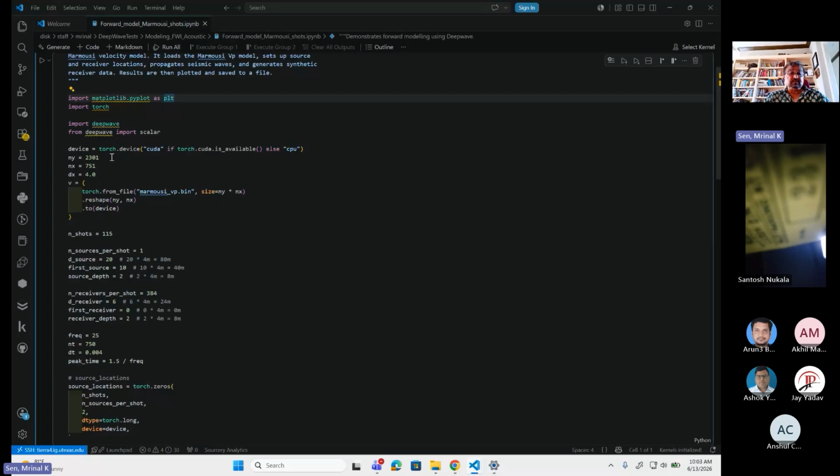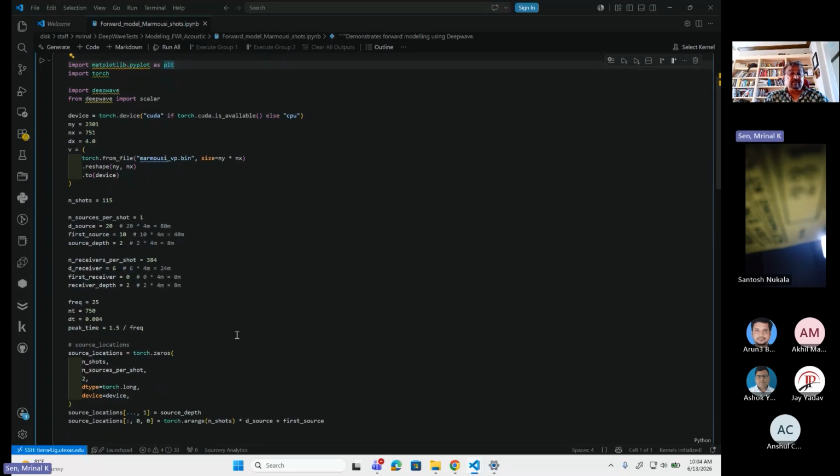This is 2300 by 751, the grid spacing, and this part is reading the Marmousi model. Here I'm generating 115 shots, but you can make it less, let's say 10 shots.